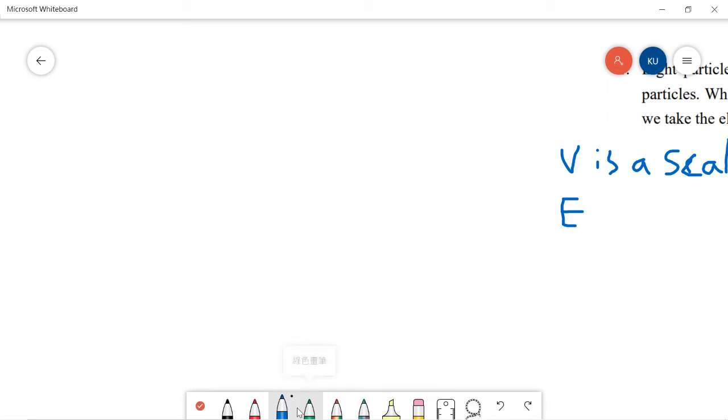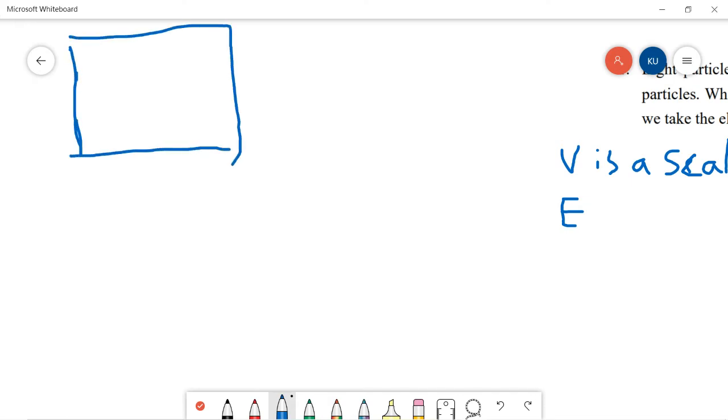Suppose here there is nothing, no charge in this space. In this case, E would be 0, and also the voltage would be 0. Okay, so for the second case, we put a charge Q.